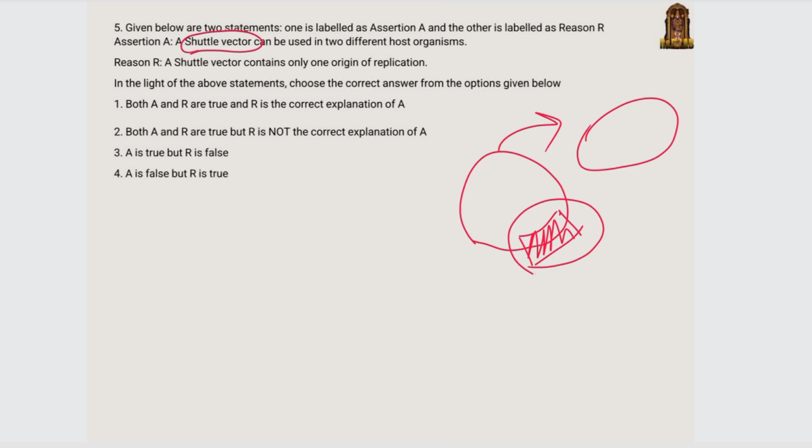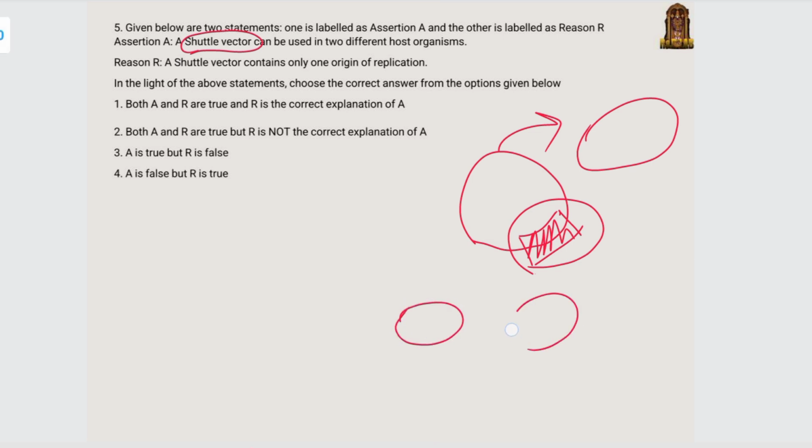Without this, the organism can survive. So that vector should have a specific kind of construction. I am not going much deep into it, but a shuttle vector is a specific kind of construction that can go in both eukaryotic and prokaryotic systems.